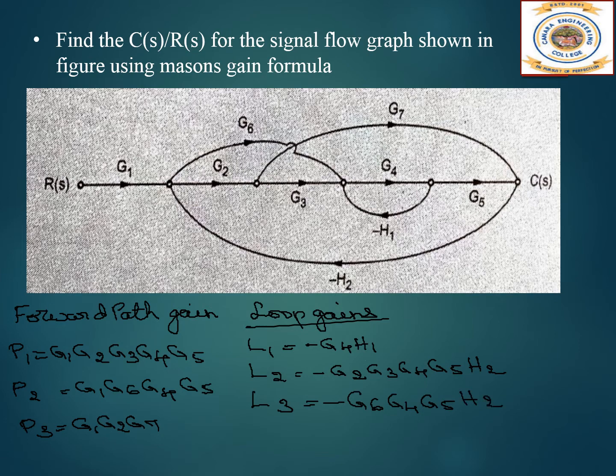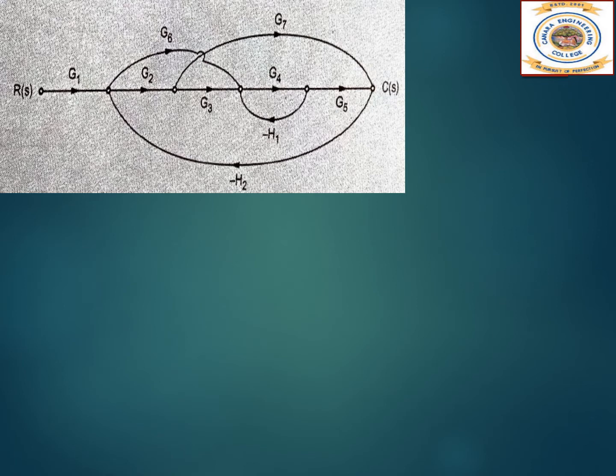That minus I have written in the beginning only, so that's why I am not writing it once again over here. Then L4 is equal to minus G2, G7, H2. This is the non-touching loop. So 2 non-touching loops that we have already identified.